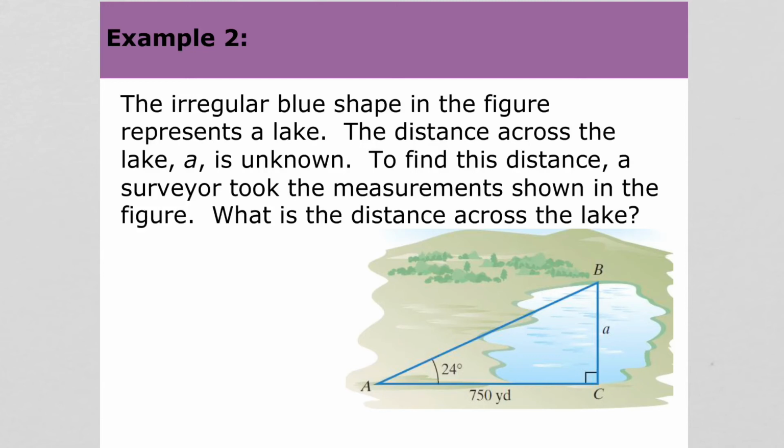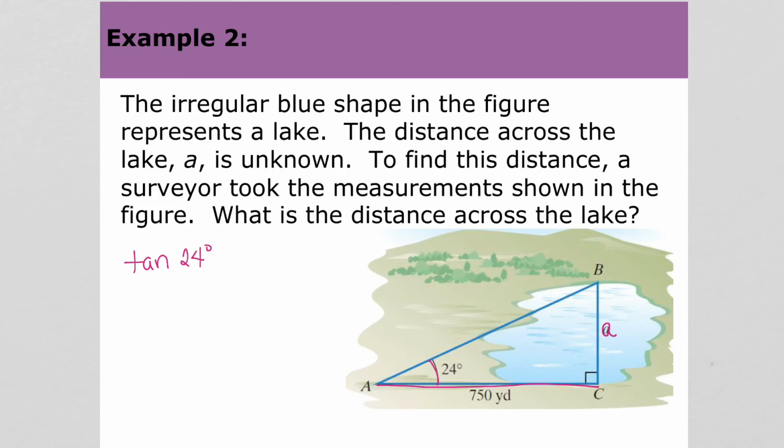So we've got an angle here that's 24 degrees, and we've got how far the surveyor is from a spot directly across from the lake, 750 yards. And if we have those two pieces of information, then we can find the distance across the lake. We've got theta, we've got the opposite, and we've got the adjacent. So we need to use tangent.